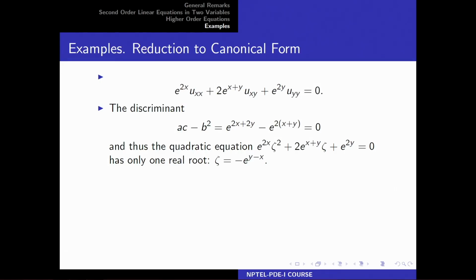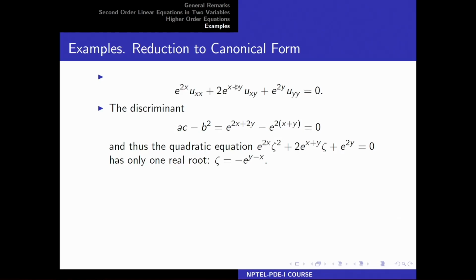Let us calculate the discriminant, AC minus b square, and you immediately find that it is 0. So, the quadratic equation has only one real root, a double real root, namely zeta equal to minus b by a.